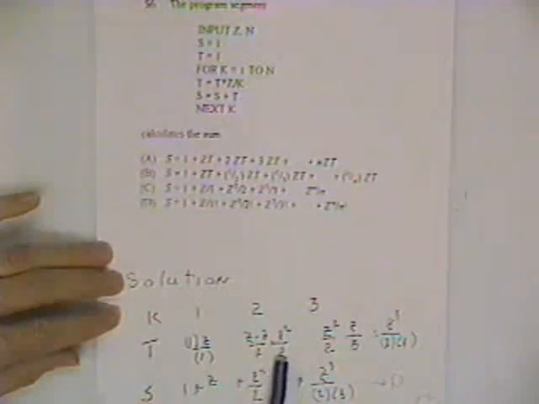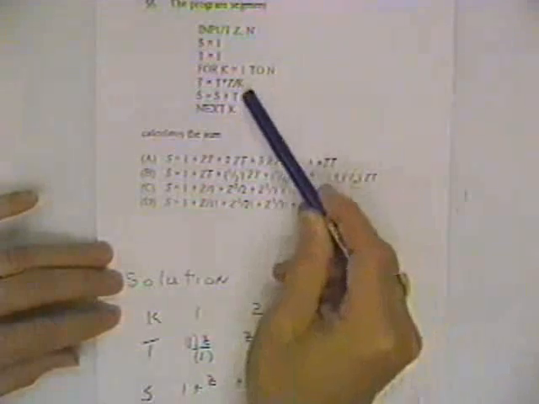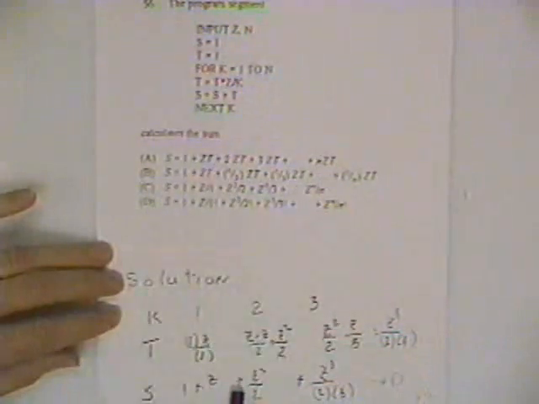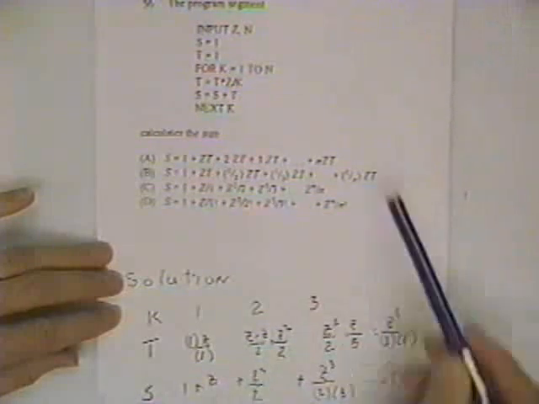So z squared over 2 then is the new value for the variable t. Execution goes to the next step to calculate a new value of s. s is then equal to the old value, which is 1 plus z, plus the new current value of t, which is z squared over 2. So now s is equal to 1 plus z plus z squared over 2.